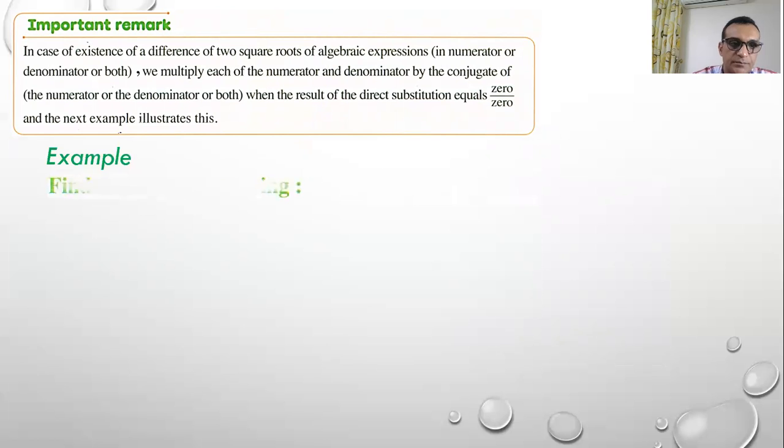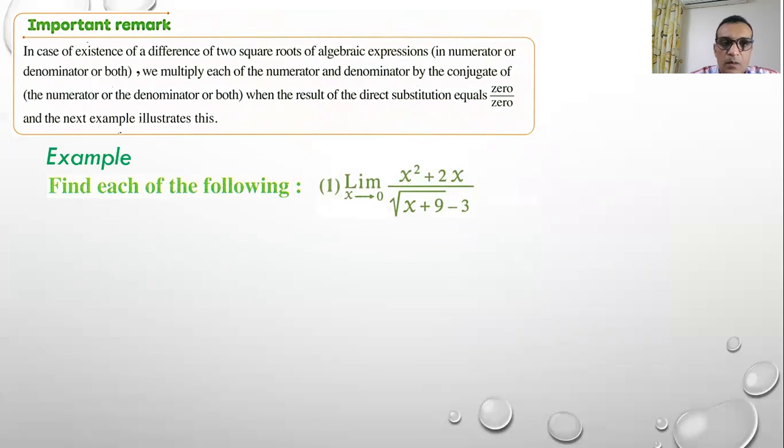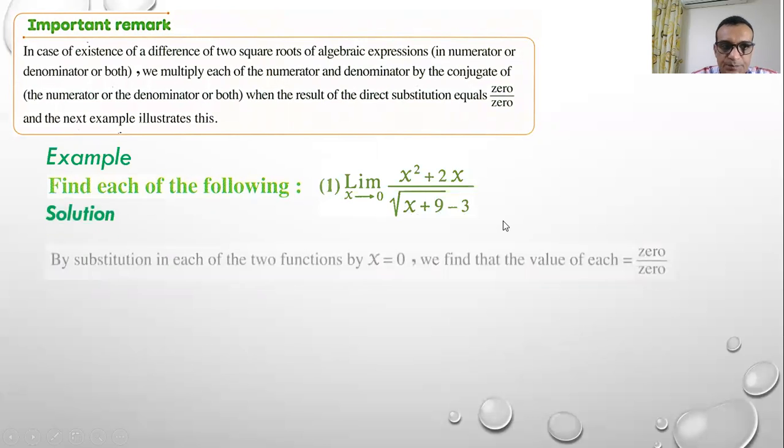Example. Find each of the following. Limit of x squared plus 2x over the square root of x plus 9 minus 3. Solution.